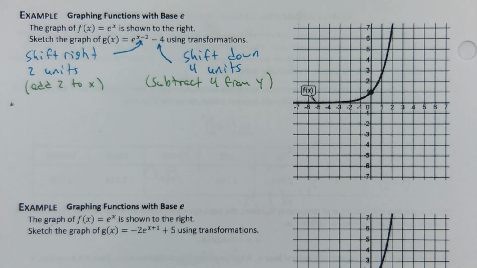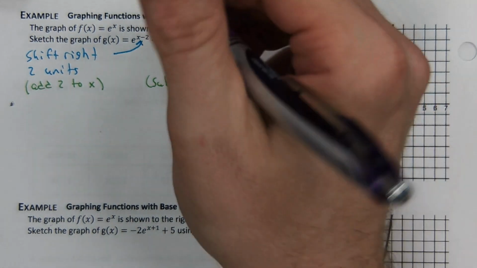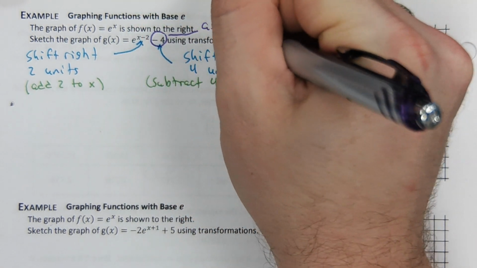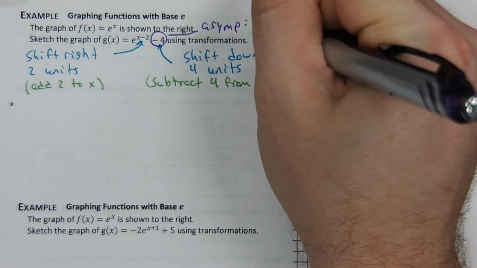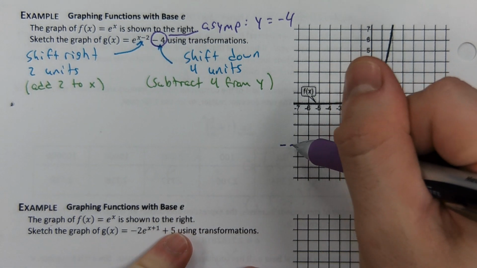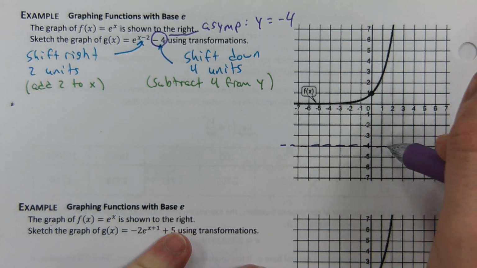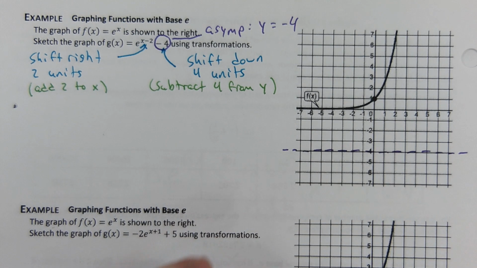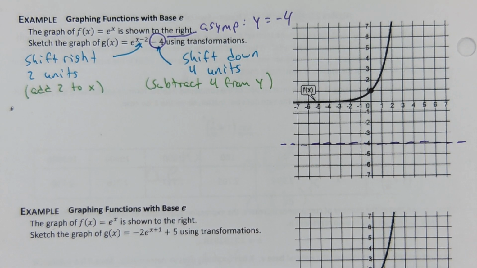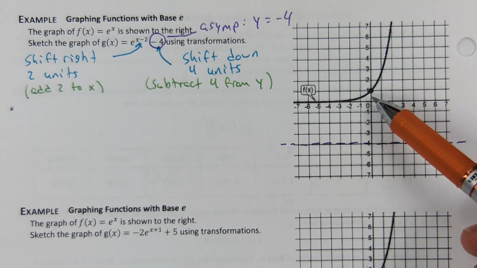Also, because this is an exponential function like all other exponential functions, this number at the back is your asymptote, always. Y equals -4. That is where we're going to find our horizontal asymptote. There it is. Cool. We could find where this coordinate maps to.